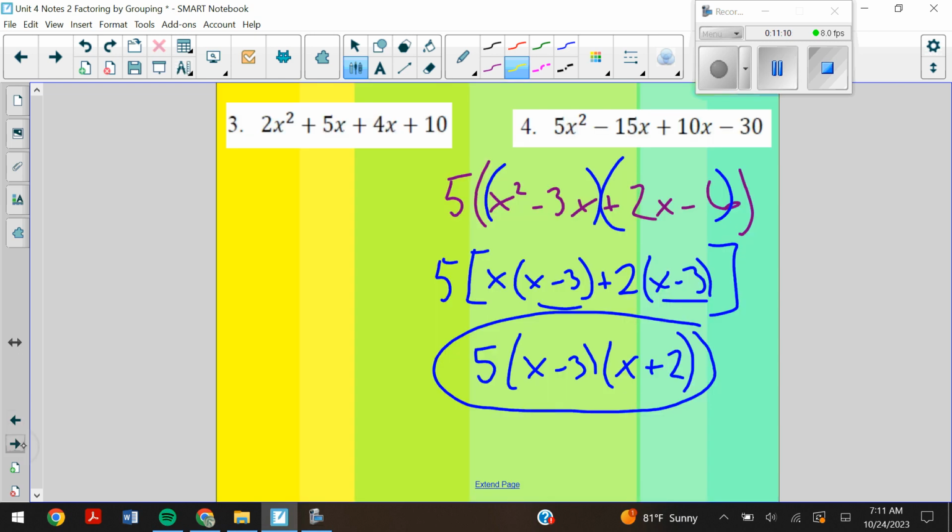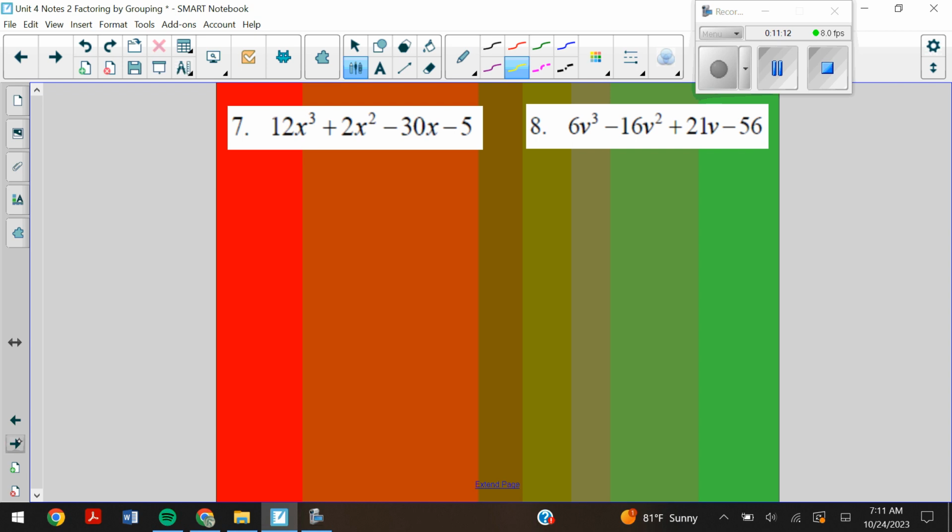All right, so let's go ahead and look here. Oh, I really like problem 7 because it shows us another unique thing. All right, so is there a greatest common factor to pull out of all of it? No, there's not. So when I divide that out, I'm going to be left with this.